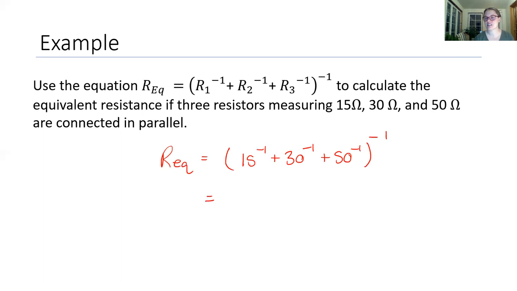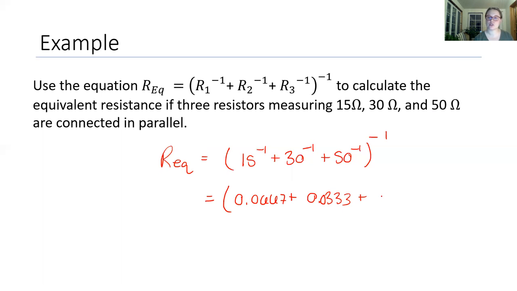So equivalent resistance, 15 to the power of minus 1. You put that in your calculator. I'll give you what the decimals are, but I usually just don't write out each individual decimal. So 15, 0.066 plus 0.0333, plus 50.